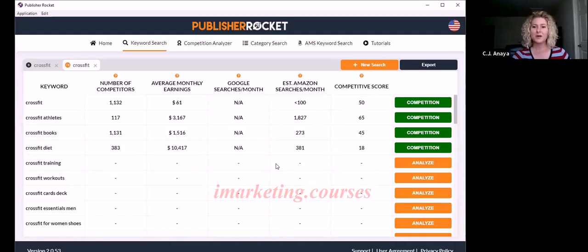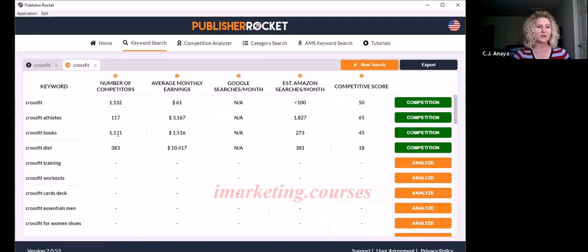Yeah, I did want to make sure, because I had some people say it doesn't make sense if there's tons of competitors and yet the score is super low, shouldn't these work in conjunction with each other? And the answer to that is they won't, because if their sales ranks are crazy high, that means it's far more competitive to rank on page 1. So like, take a look at this.